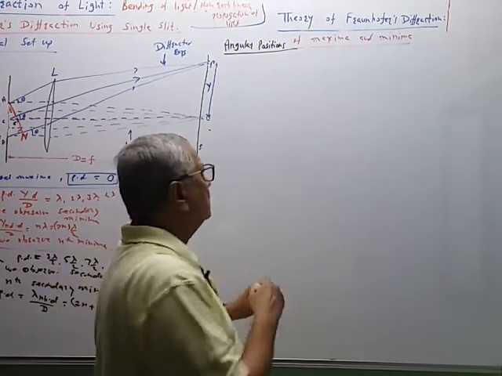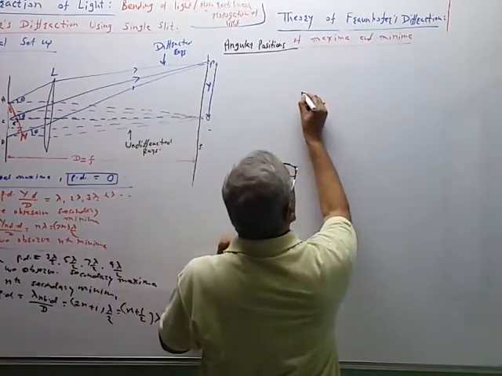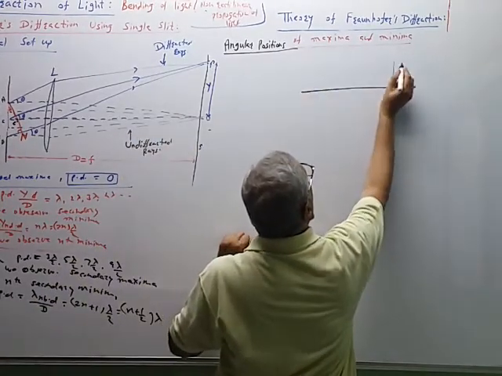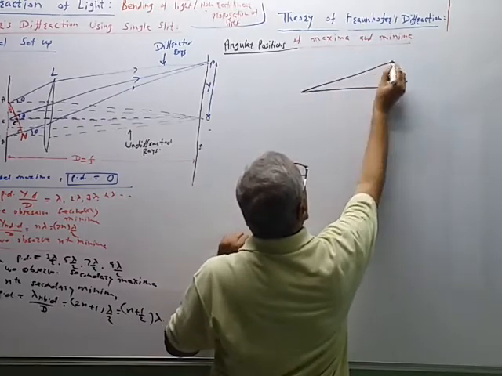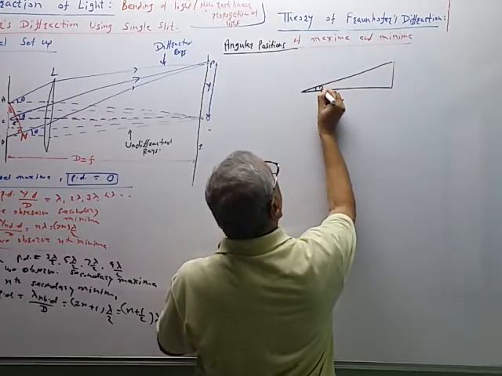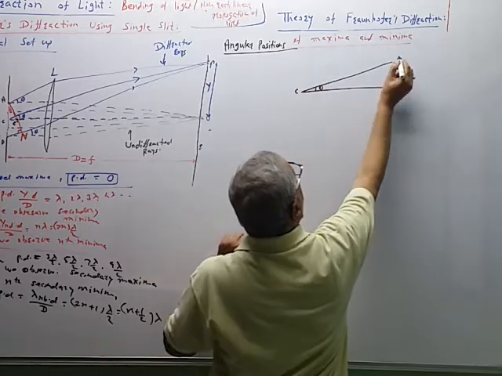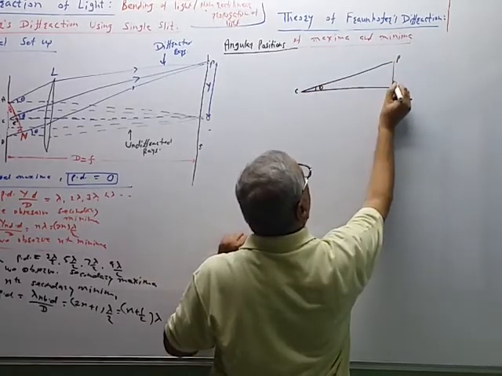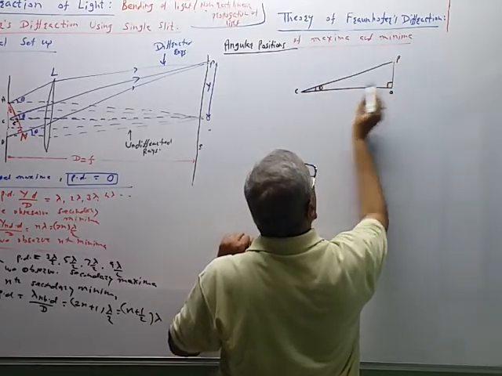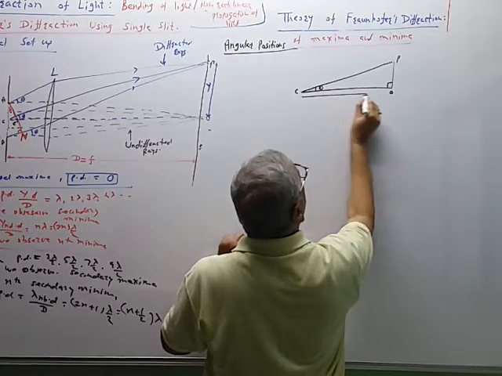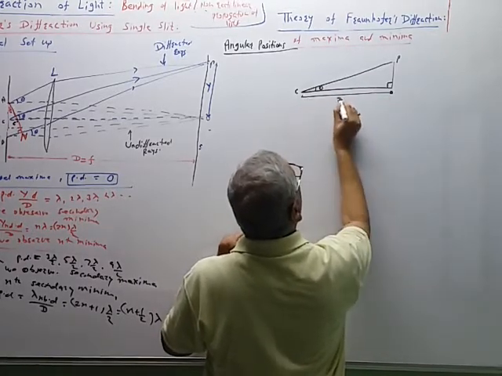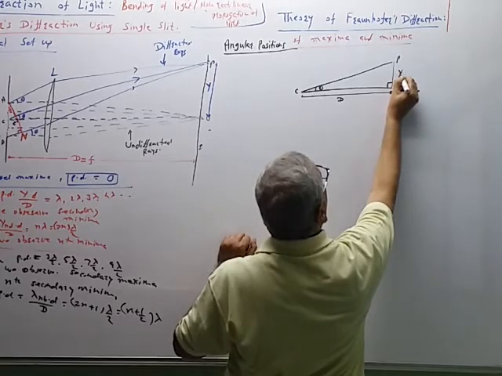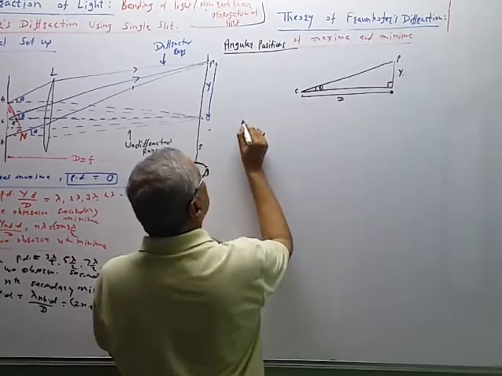So our figure is like this. This angle is theta. This is C. This is P. This is O. This angle is 90 degrees. So this distance is D.